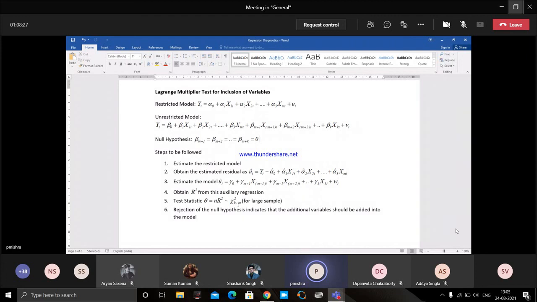Remember, quadratic form or cubic form also result in omission of some components. It's not exactly variables, but some components. So this is another test that we need to focus on and understand. And in tomorrow's class, we'll be carrying this out, both in Stata as well as in Excel.